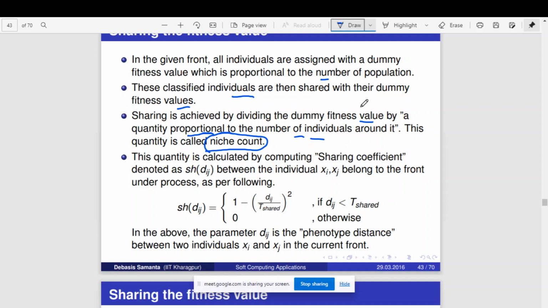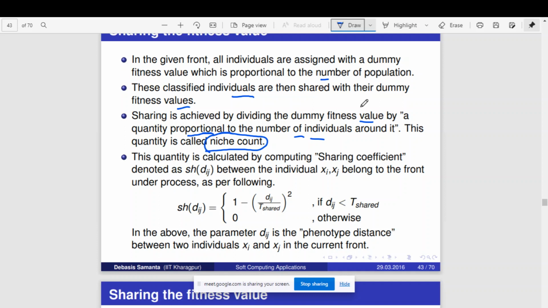The second step is to identify the niche count. In the given front, it selects every individual and checks how many are lying in the radius. Depending on the number of individuals lying in the radius, that will be divided by the dummy fitness score.